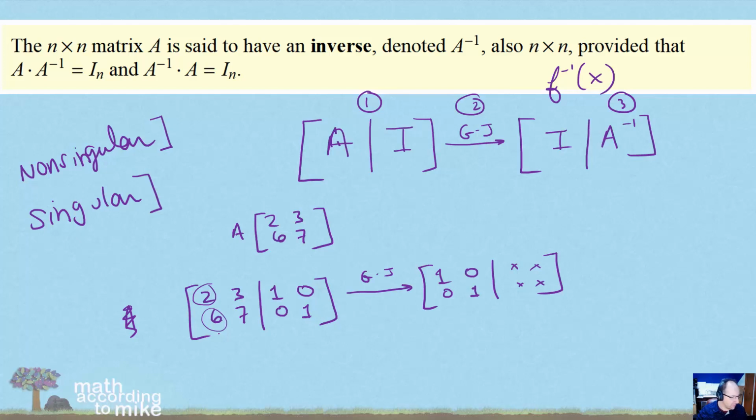Okay, so I have 2 examples for you. There's a 2 by 2 example, and then there's a 3 by 3 example. Now, in this video, I think this is where I teach you how to use the elementary row operations in your calculator.